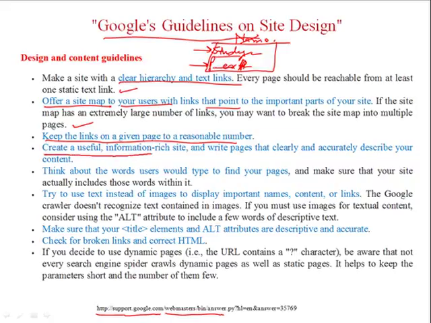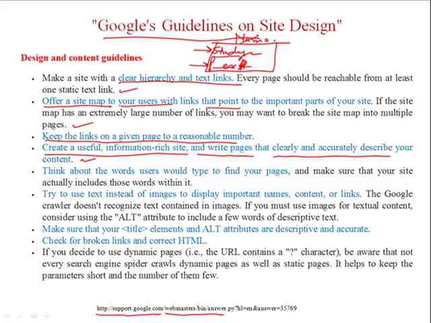Create a useful, information rich site and write pages that clearly and accurately describe your content. You can use keyword rich information or some strategy to write text in a keyword rich manner without compromising the readability of the text.